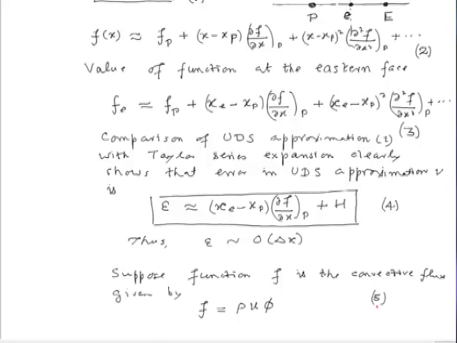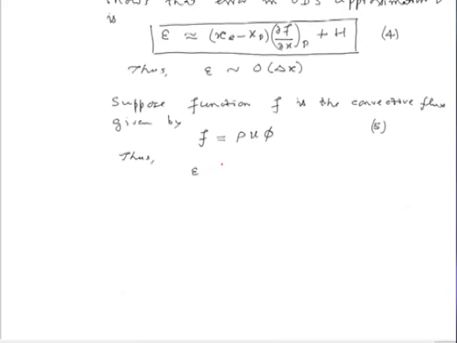So, now in this case, what happens to our error? Thus error epsilon, if u is assumed to be constant, is x e minus x p times rho times u del phi by del x at point p.